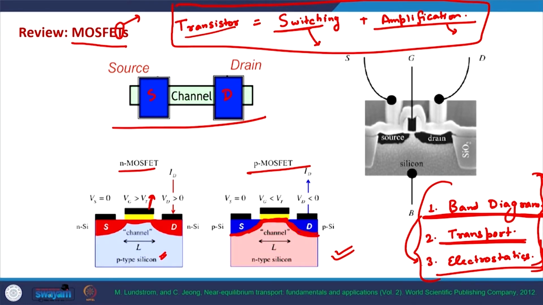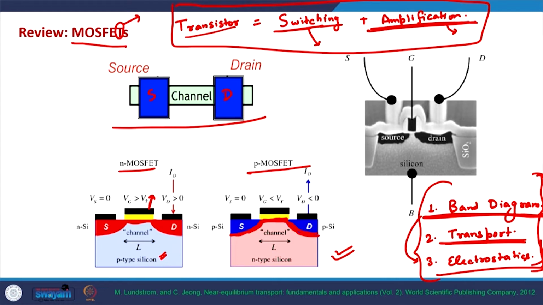And before going into those details, let me quickly see how a MOSFET can achieve switching and amplification, because that is the most basic task that we want out of this device.